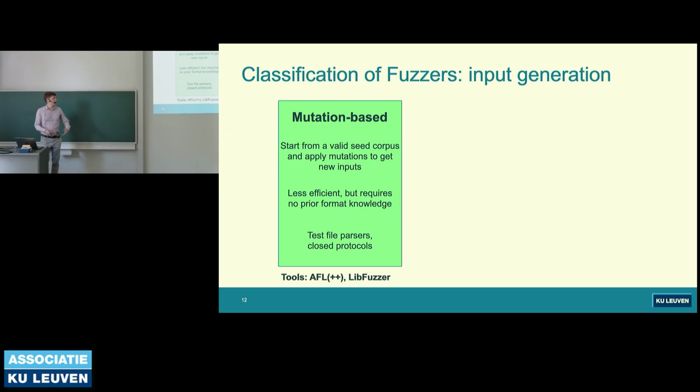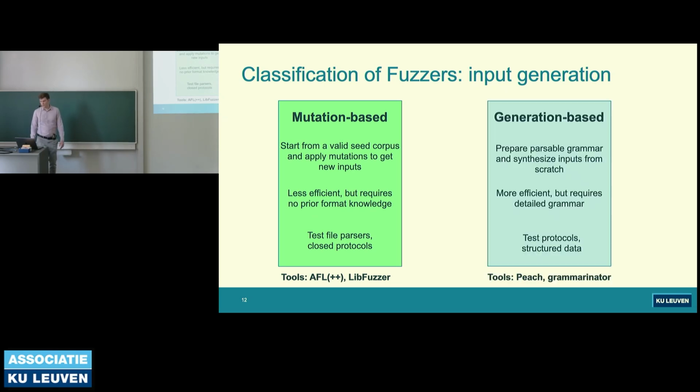Then it starts mutating this input to get new inputs. Again, we're gonna see an example soon. This type of fuzzing is a bit less efficient, but it requires almost no prior knowledge about the format that the system under test expects to get. And the most well-known fuzzer, AFL, is actually a mutation-based fuzzer.